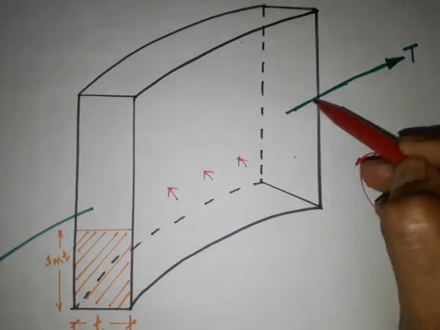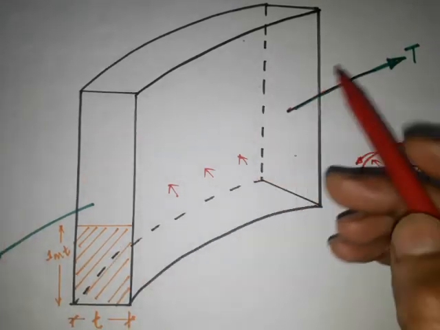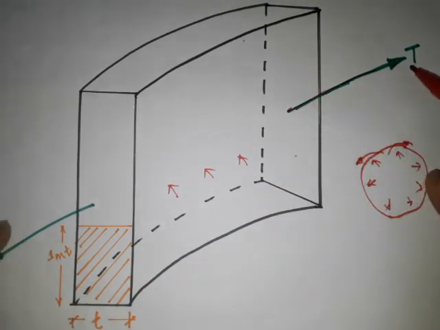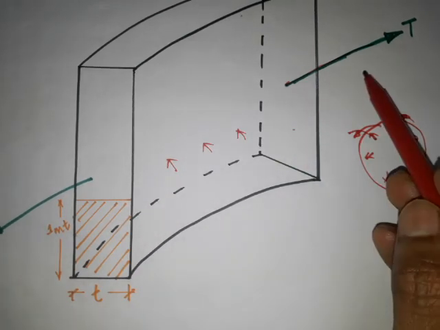That is nothing but T, the hoop tension T. It will travel in opposite directions, so this may travel like this and this may travel like this, along the periphery of the wall. So this is the hoop tension.